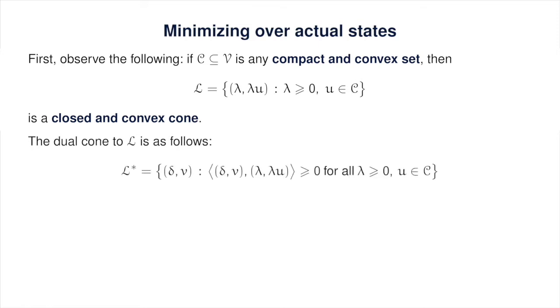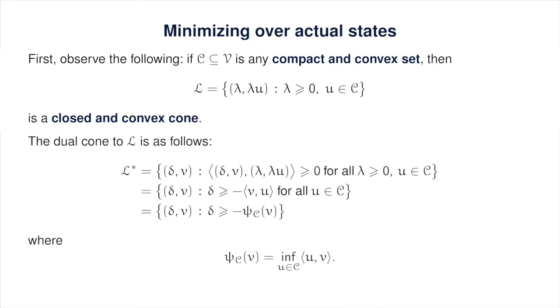By definition, it's the set of all vectors (δ, v) for which the inner product with (λ, λu) is non-negative for every non-negative λ and every u in C. And by factoring out λ, that's equivalent to δ being at least -1 times the inner product of v with u, again for every u in C. By defining a function ψ_C as the infimum of the inner product of its argument v with u taken over all u in C, we obtain perhaps the simplest expression of L* that we can hope for without knowing anything more specific about C, and that is that L* contains all pairs (δ, v) for which δ is at least -1 times ψ_C(v).